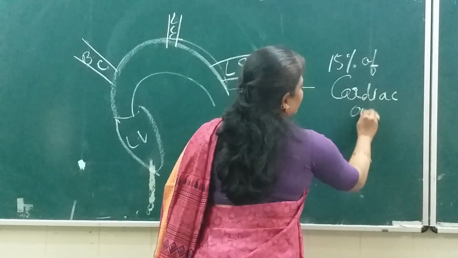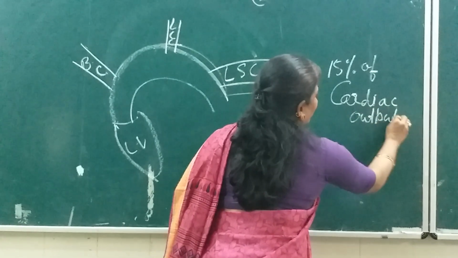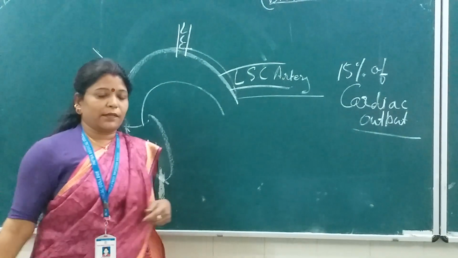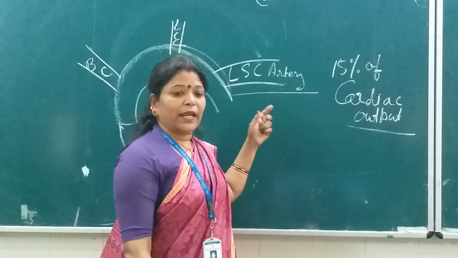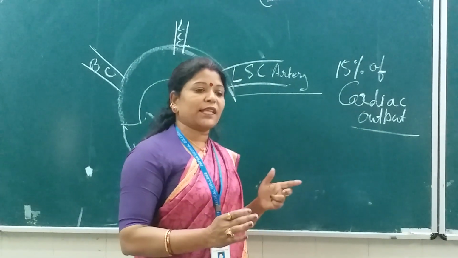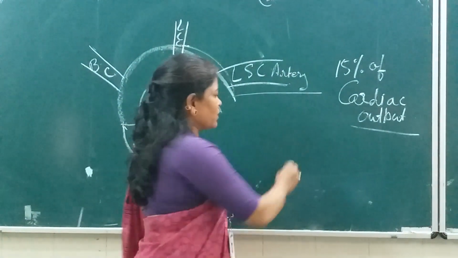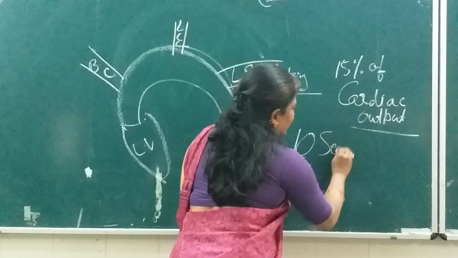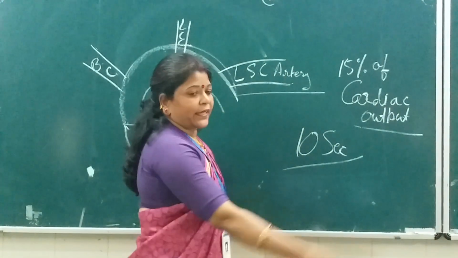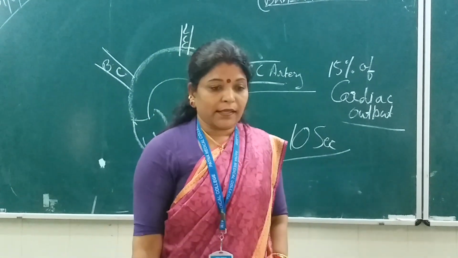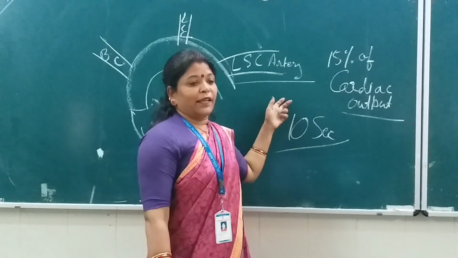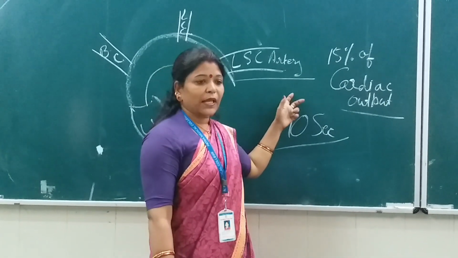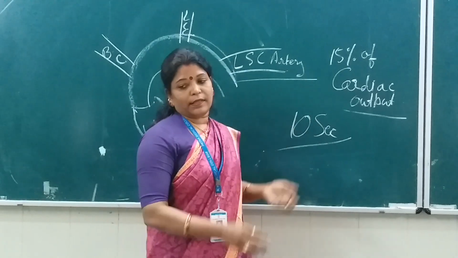So the brain is very prone to hypoxia and anoxia. Even if the blood flow ceases for only 10 seconds, it leads to unconsciousness. So think how important the blood supply of the brain is.